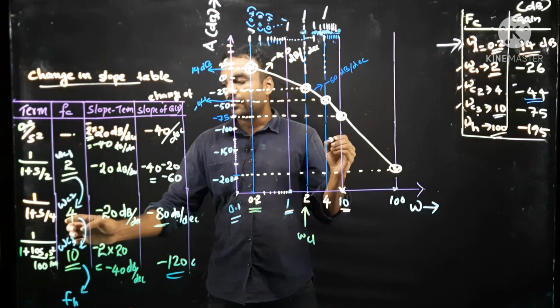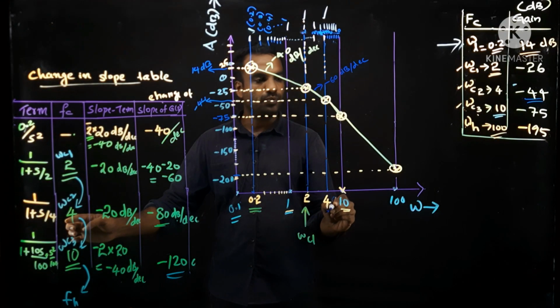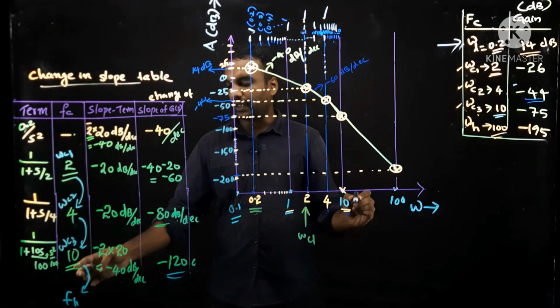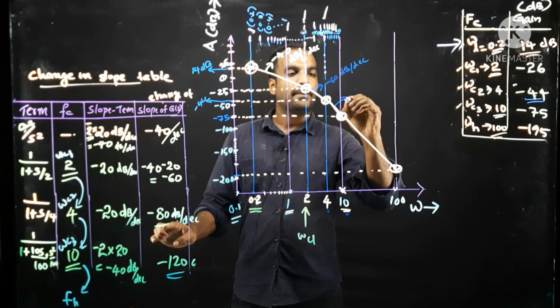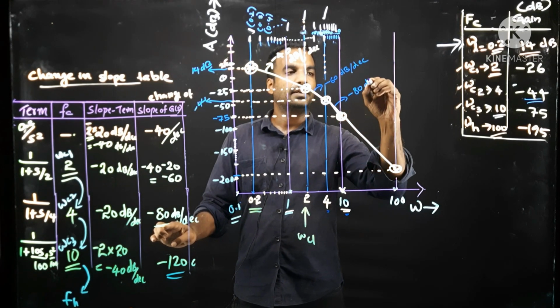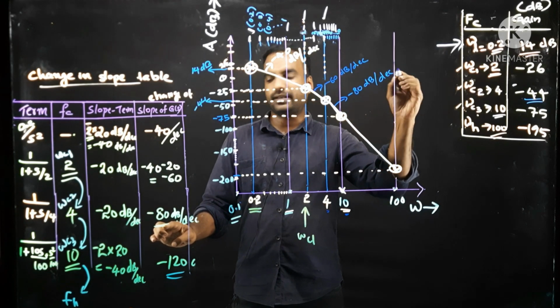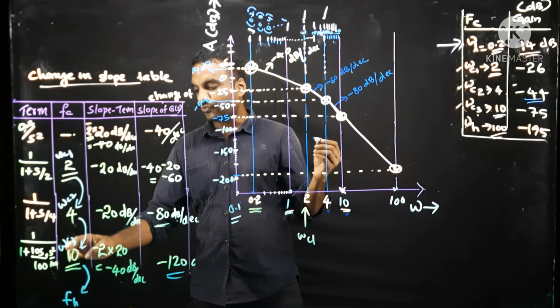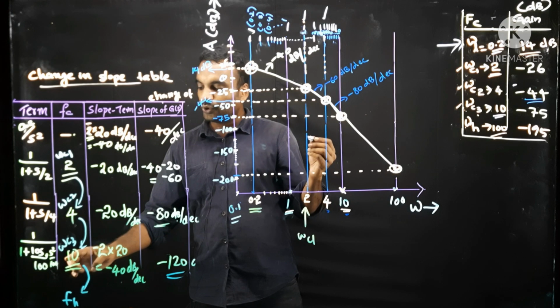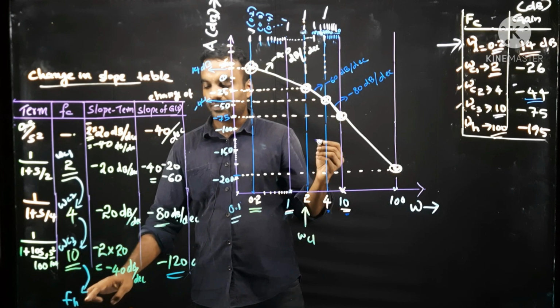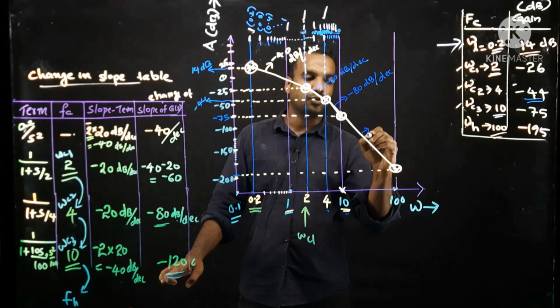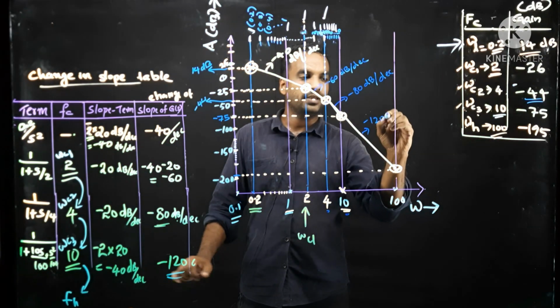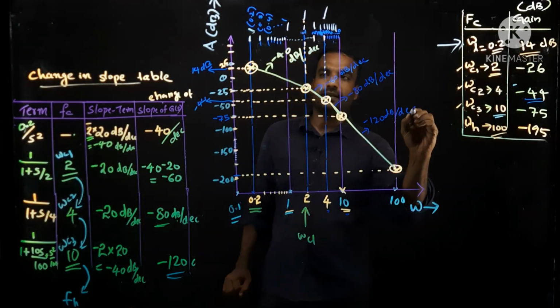Then from corner frequency 4 to 10, the slope will be minus 80 dB per decade. And then from omega C3, that is 10, to any higher frequency, the slope will be given by the last slope, that is minus 120 dB per decade.